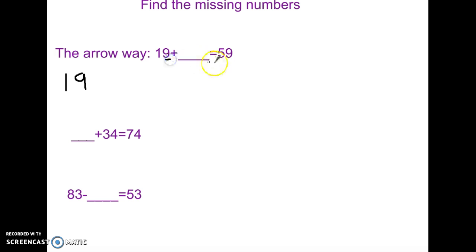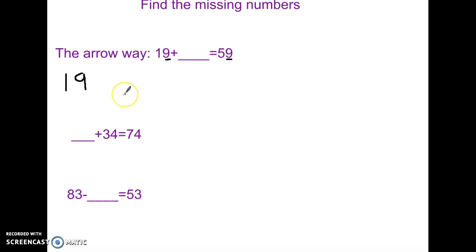This is a 9 and this is a 9. When the numbers are the same in the problem and the answer, I know right there that I'm going to be adding a bunch of 10s because the ones place isn't changing. So we're going to add 10s until we get to 59, and then we're going to add up all the ones that we added. So here we go.